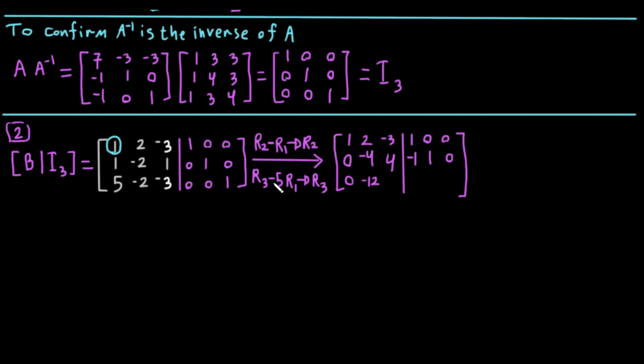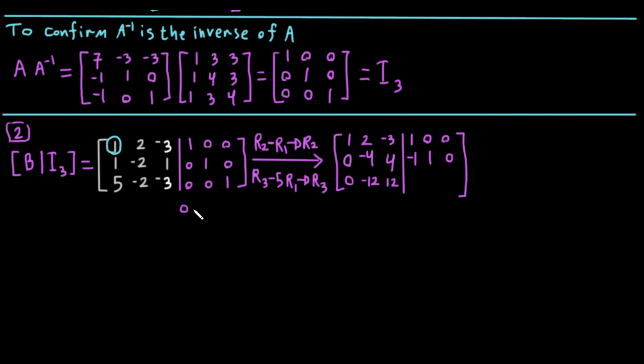Negative 3 minus 5 multiplied by negative 3. So negative 3 minus 5 multiplied by negative 3 equals negative 3 minus with negative, it will be positive, 5 multiplied by 3, which is 15, equals 12. So here 12. 0 minus 5 multiplied by 1, which is negative 5.